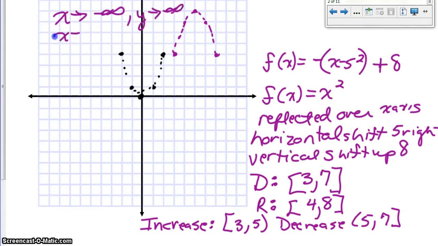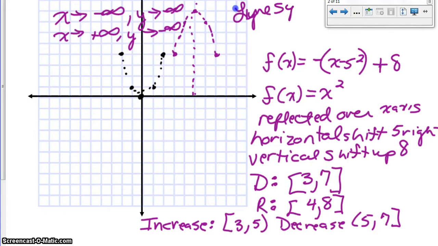And as x approaches positive infinity, y approaches negative infinity. Now, one thing I forgot to mention is this does have line symmetry, but it is neither odd nor even, because it does not reflect over the y and it does not rotate around the origin.